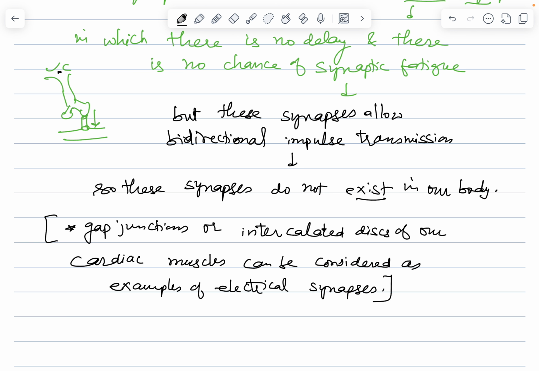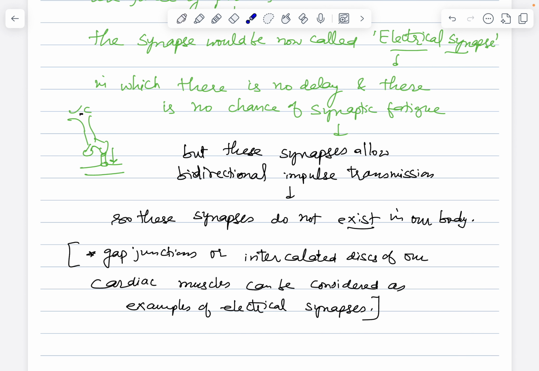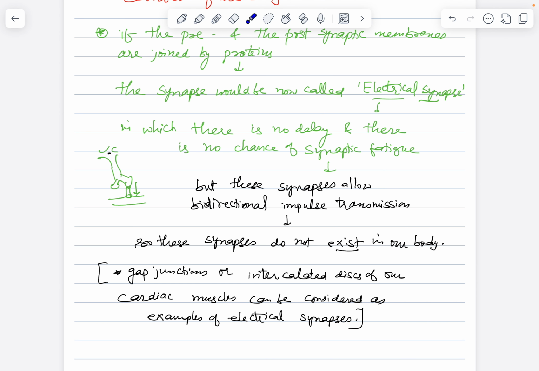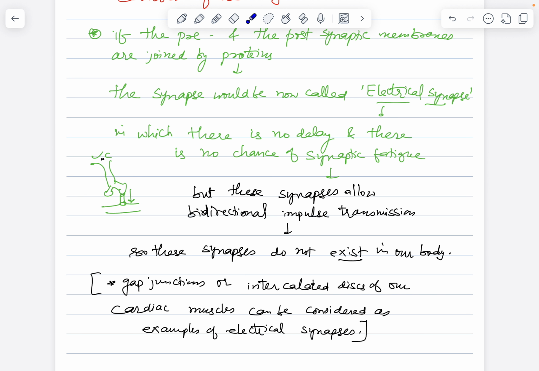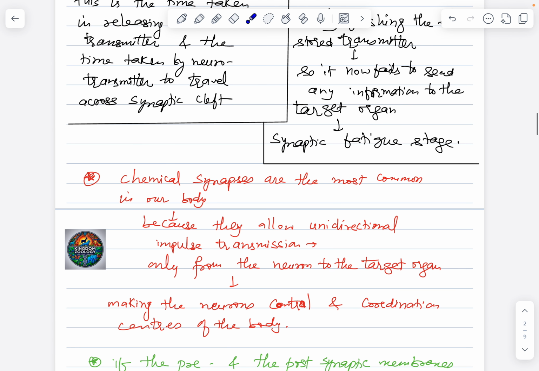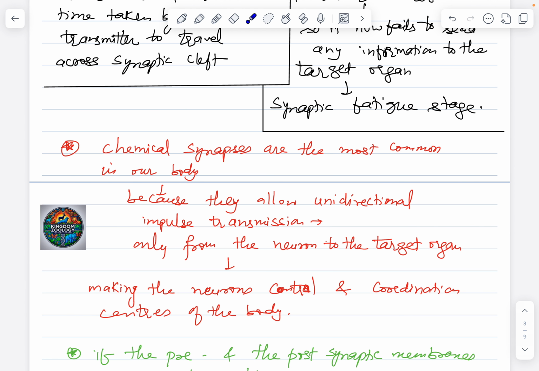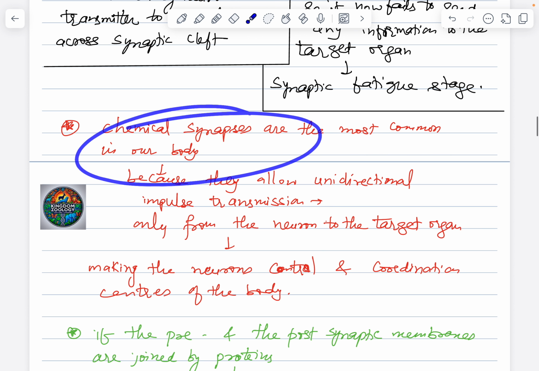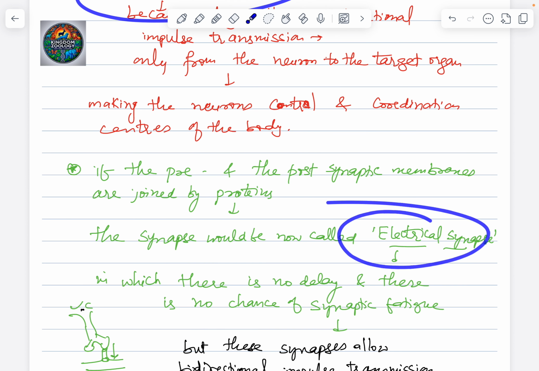Okay, so that is it guys about the types of synapses. There are two types of synapses possible on the basis of what is allowing the transmission of impulse from neuron to the target organ: neurotransmitter chemicals or proteins.